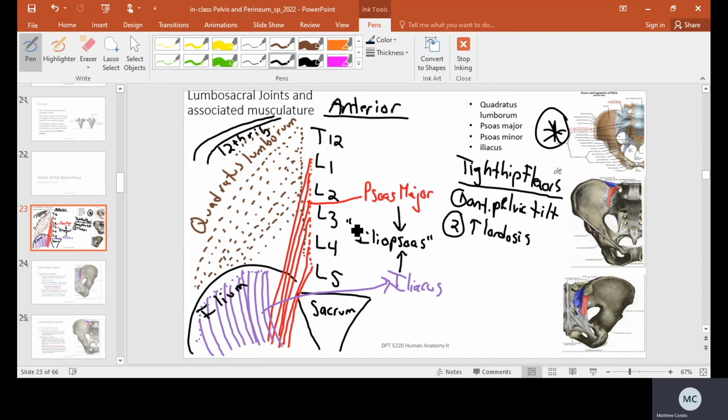Iliopsoas is simply the combination and blending of fibers from psoas major and iliacus. Both of those muscles are going to then insert onto the lesser trochanter of the femur.